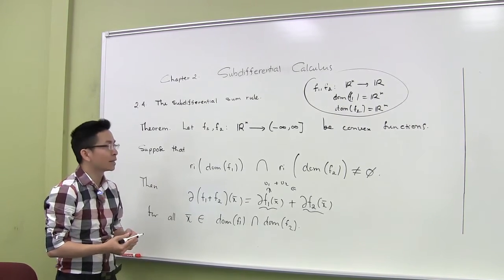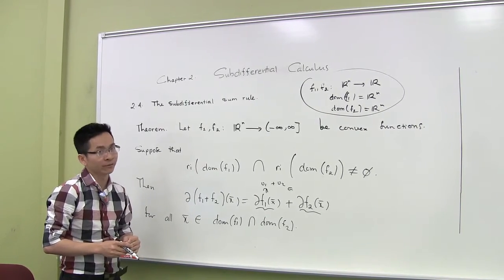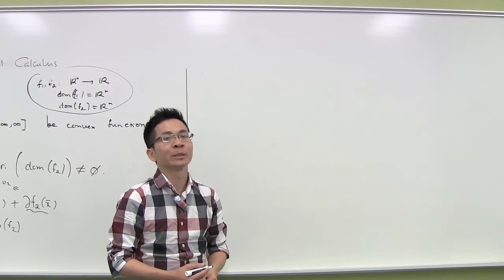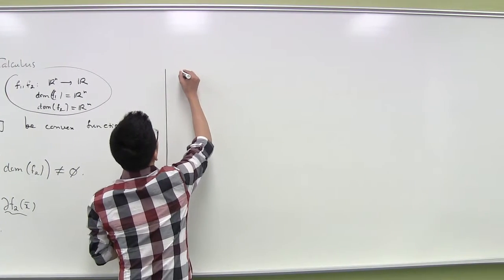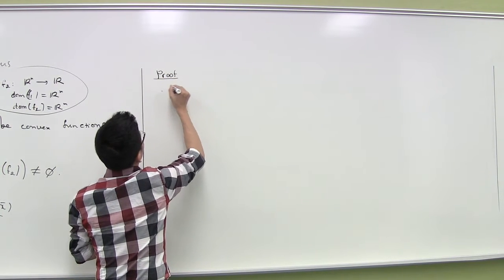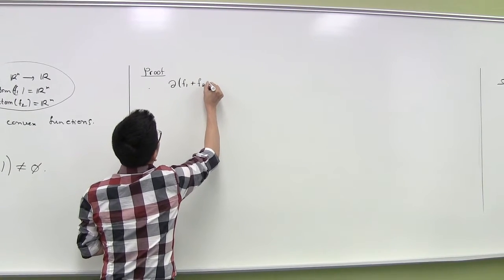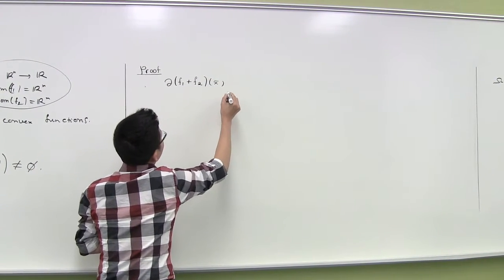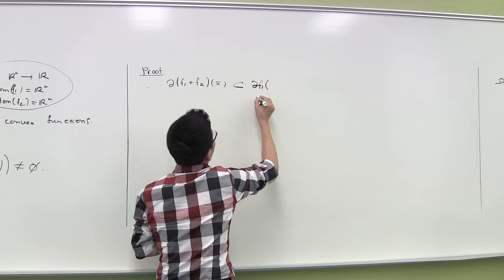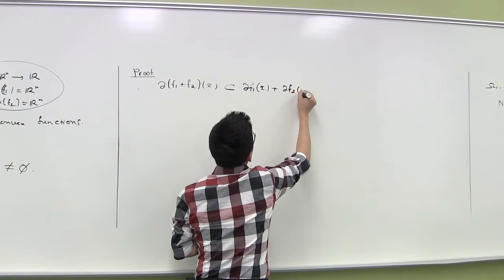And let me go ahead and give the detailed proof of this theorem. The proof is rather involved. Let us first prove the following: the subdifferential of f1 plus f2 at x bar is a subset of the sum of the subdifferential of f1 at x bar and the subdifferential of f2 at x bar.